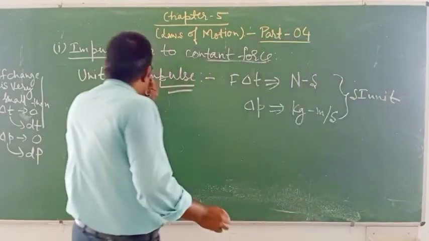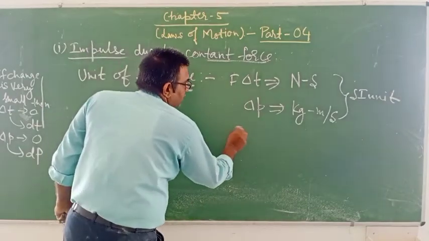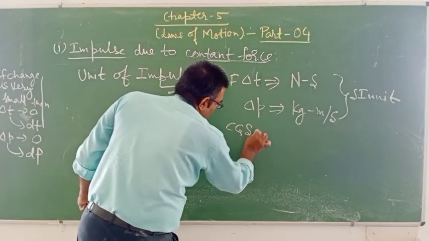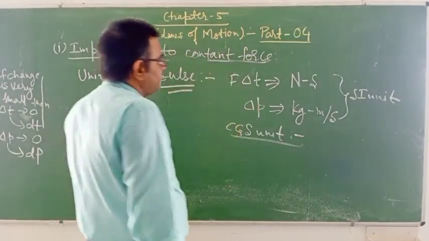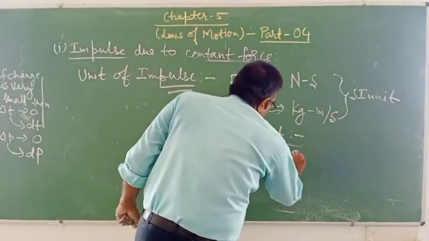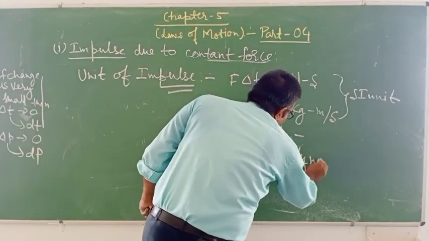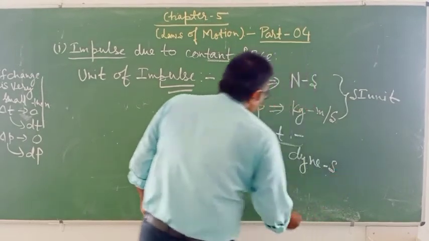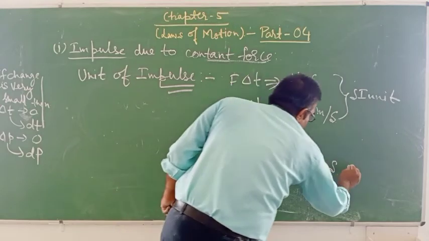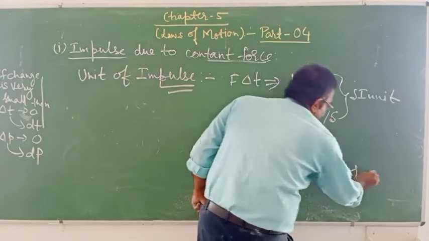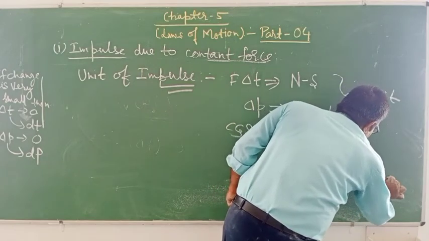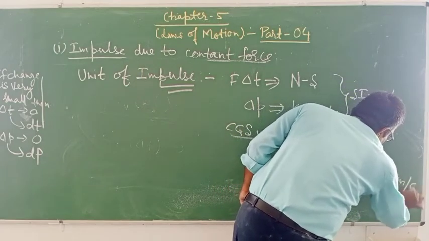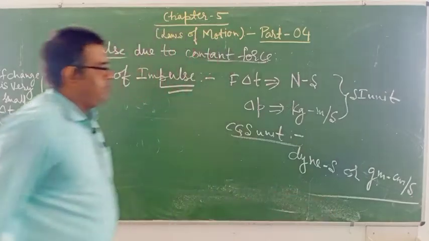And for the CGS unit, it is dyne second, or gram centimeter per second.